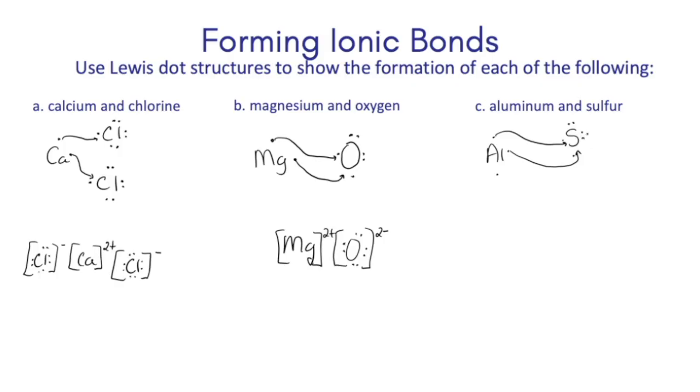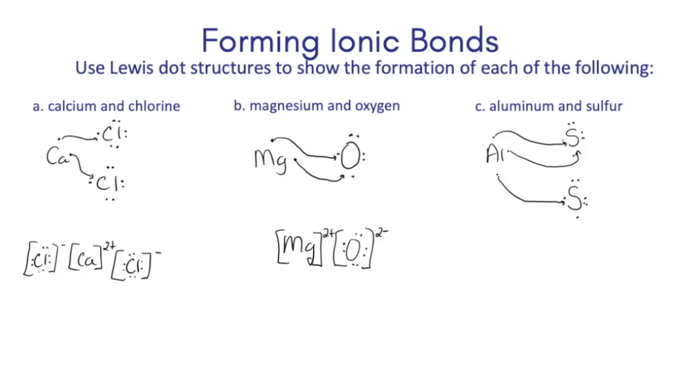Now, sulfur is happy because it has a full 8, but aluminum still has one it wants to get rid of. So the only thing we can do is add another sulfur because remember, this bond is formed only between sulfur and aluminum. So this last aluminum valence electron can be transferred to the sulfur there.